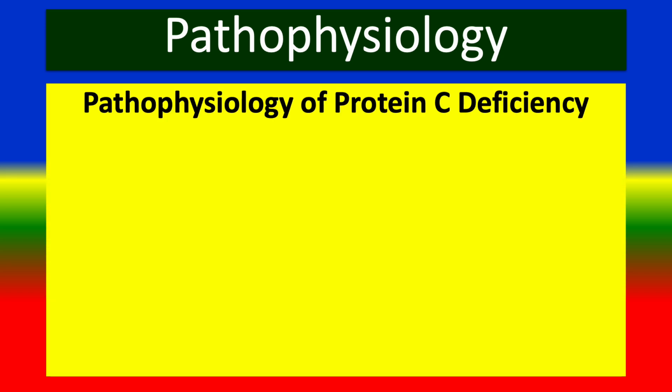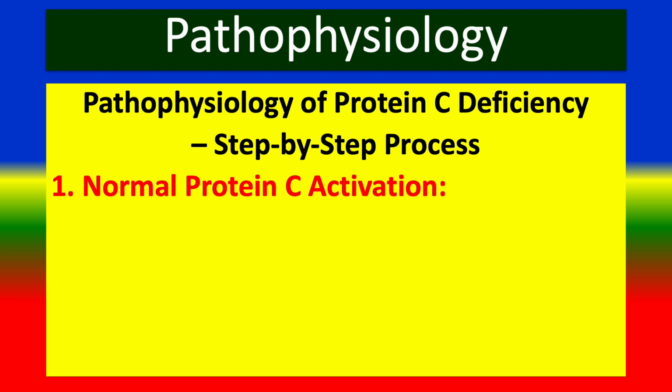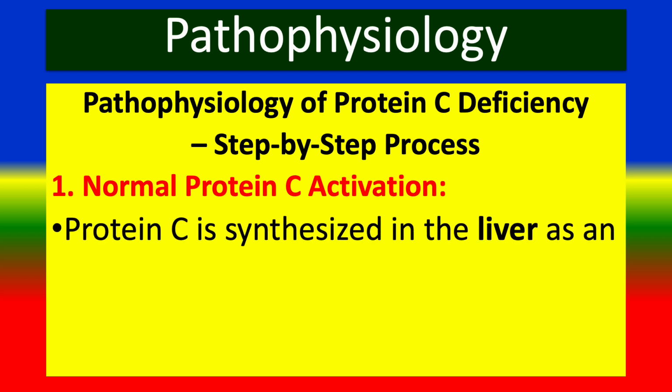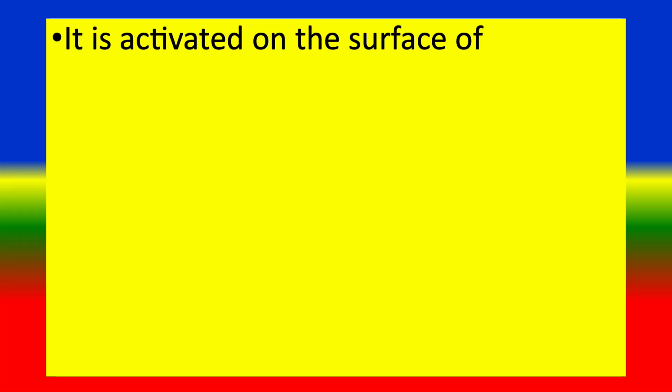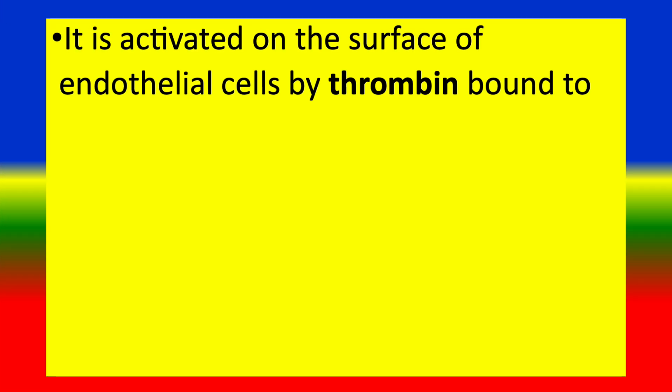Pathophysiology. Pathophysiology of protein C deficiency, step-by-step process. 1. Normal protein C activation. Protein C is synthesized in the liver as an inactive zymogen. It is activated on the surface of endothelial cells by thrombin bound to thrombomodulin.